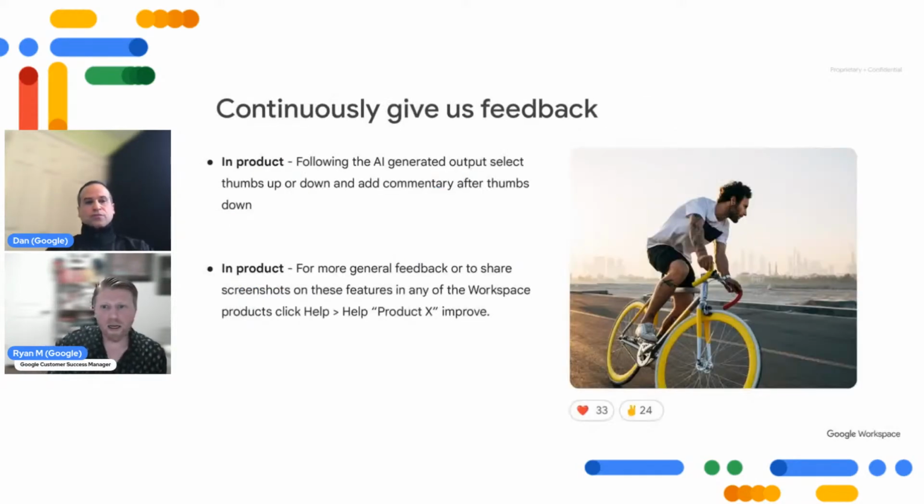And then I saw a ton of feedback in the chat during this webinar. If you have feedback on the product, give that to us. Once you receive an output of a prompt, you have the opportunity to give it a thumbs up or thumbs down. If you don't like it, give it a thumbs down.